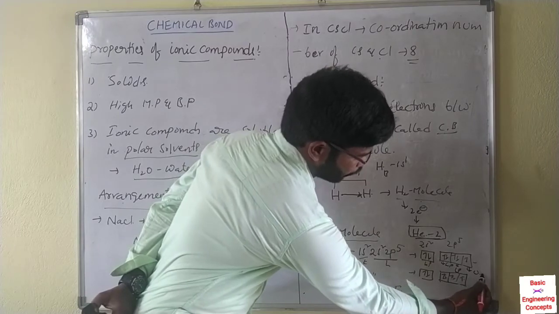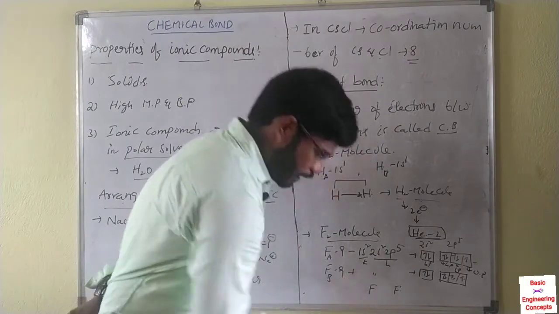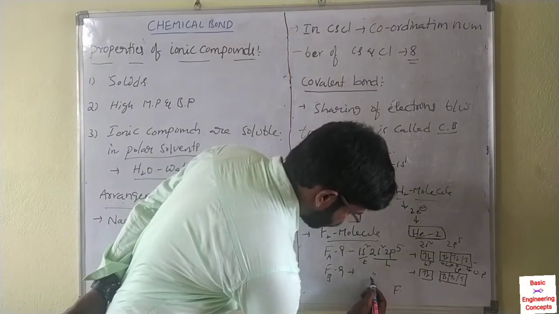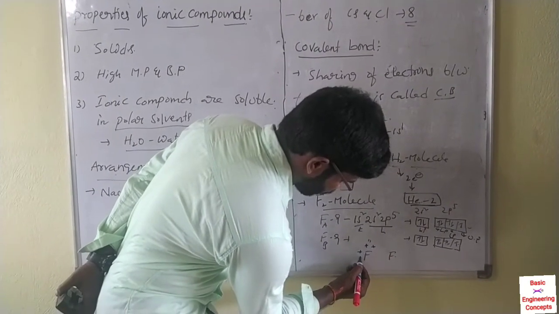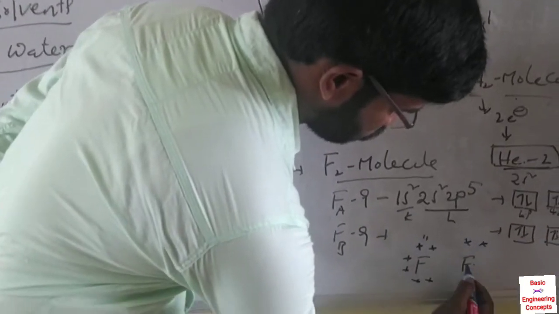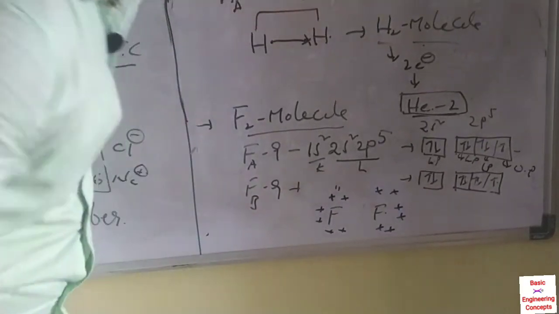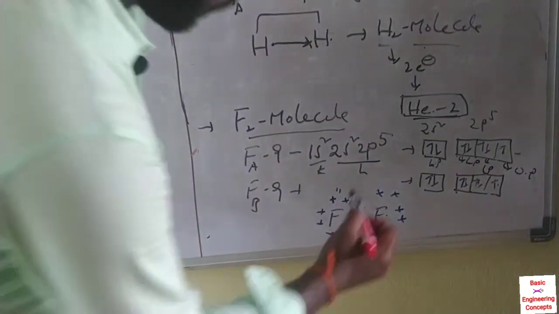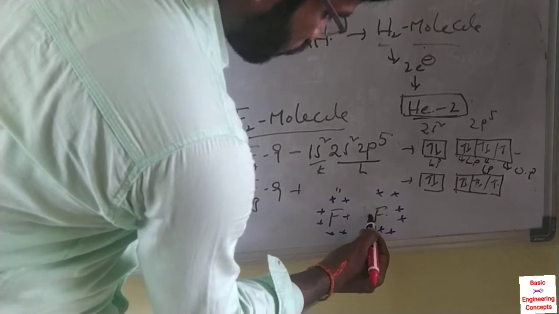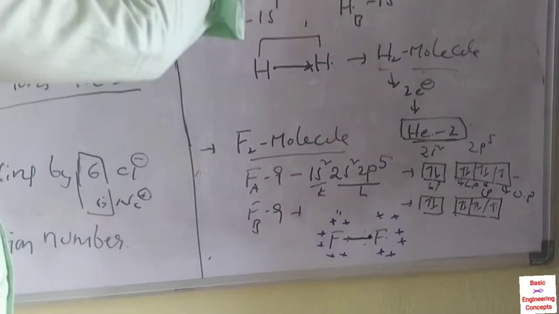This is the unpaired, UP. Each fluorine has 3 lone pairs, and only one single electron. So this is sharing of electrons between two atoms, that is called a covalent bond.